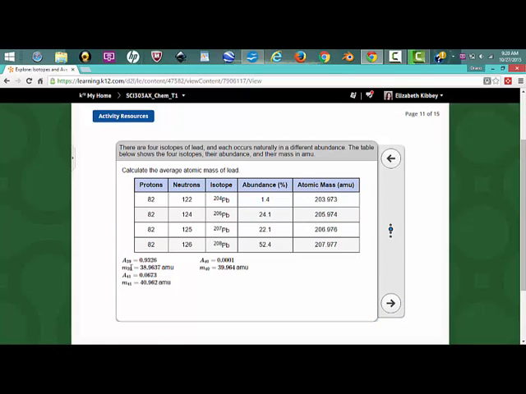Okay, abundance 39 equals 0.9326, mass 39 equals 38.9637, abundance 41 equals 0.0673, mass 41 equals 40.0962, abundance 40 equals 0.0001, mass 40 equals 39.964.